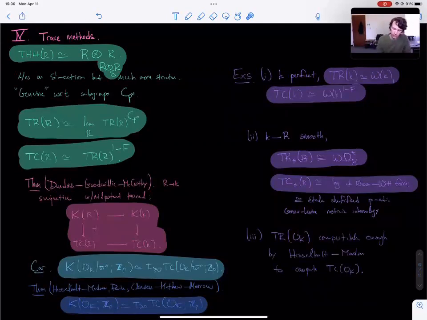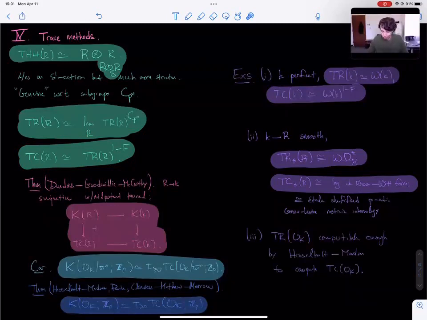It has genuine fixed points with respect to the subgroup C_{p^n}. Using that, you can build these theories called TR and TC. TR is a limit of the C_{p^n} fixed points. It turns out that there's a residual Frobenius action on TR, and TC is the F equals 1 eigenspace for that action. This is an incredibly rapid introduction.